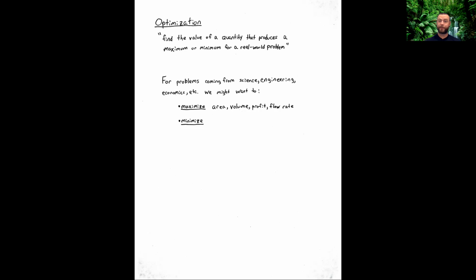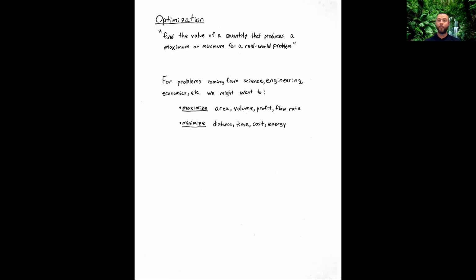If we think of some examples of quantities that we would want to minimize, well, let's say we are traveling from one point to another, we probably would want to do so in a way that minimizes the distance traveled. Also, we would want to minimize the travel time.